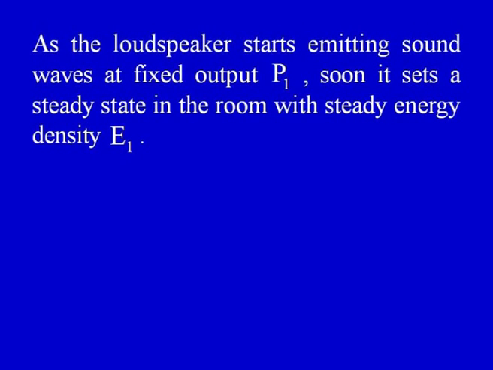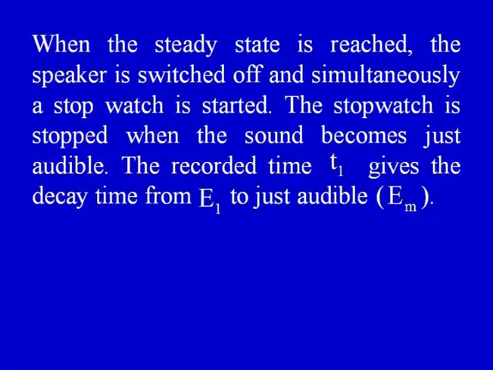As the loudspeaker starts emitting sound waves at some fixed output, say P1, soon it sets a steady state in the room with a steady state energy density E1. When the steady state is reached, the speaker is switched off and simultaneously a stopwatch is started. The stopwatch is stopped when the sound becomes just audible. The recorded time T1 gives the decay time from the energy density E1 to just audible EM.